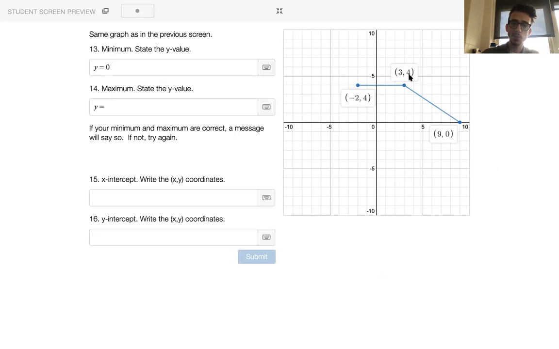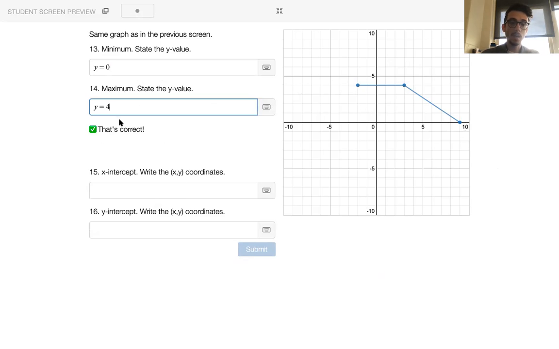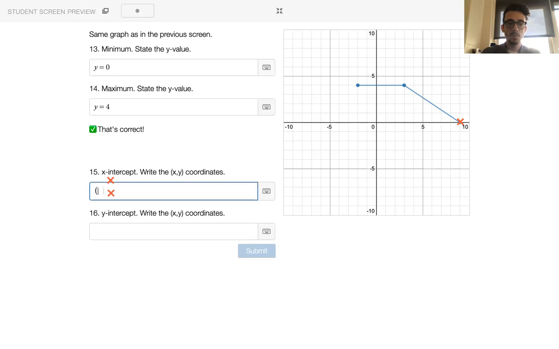But in particular, it's when y is what number? Hopefully you're saying 4. And I'm right. Wonderful. X-intercept intersects the x-axis. We see that's definitely going to occur right here. So this is going to be the point 9, 0.